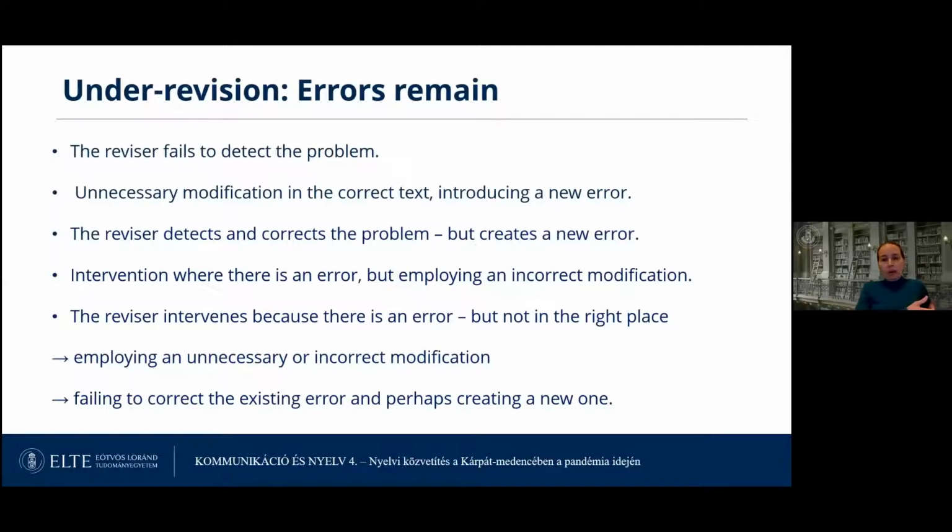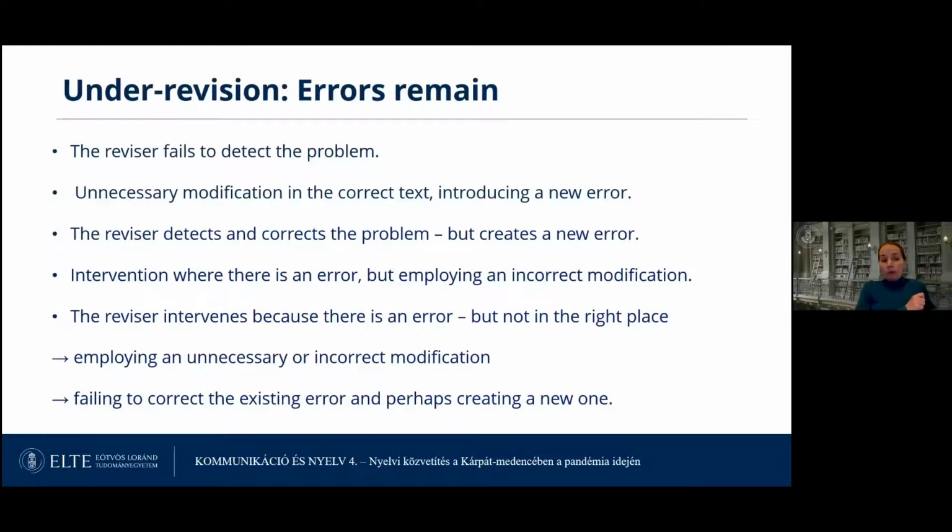Errors might remain in the translated text when the reviser fails to detect the problem. And if they fail to detect the problem, then they will leave the error in the text. New errors might be introduced when there are unnecessary modifications in the correct text. Also, when the reviser detects and corrects the problem in the text, but creates a new error while making the modification.